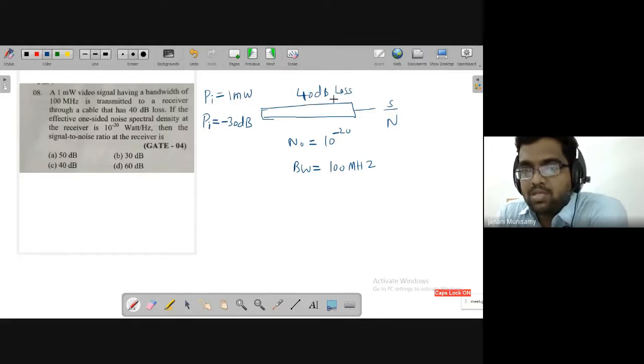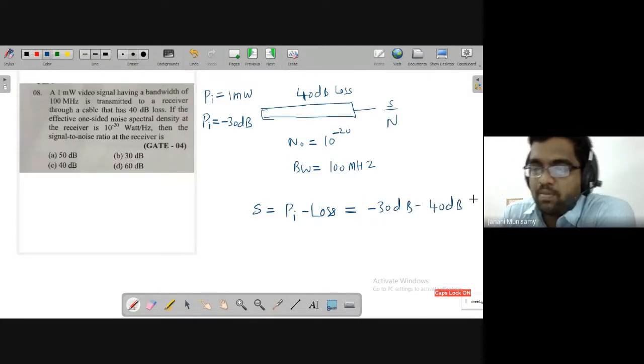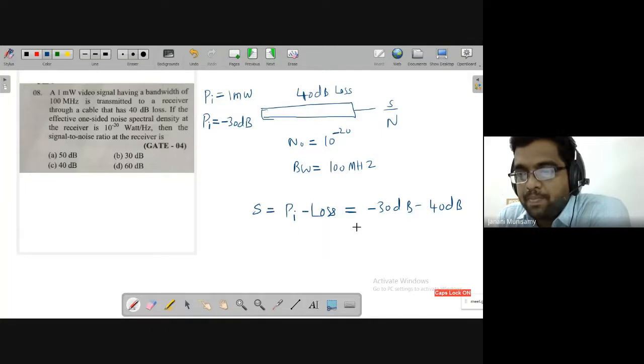Then the loss is already there. So what is the signal power I will be receiving at the output? The signal power is equal to input power minus loss. Input power is minus 30 dB, and minus loss, that is minus 40 dB. So totally the power available at the output of the cable is minus 70 dB.